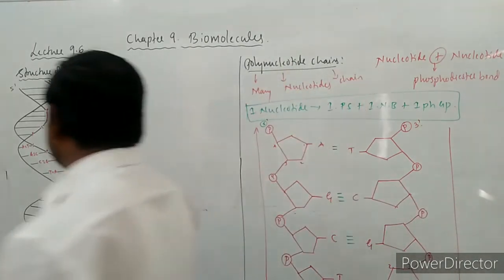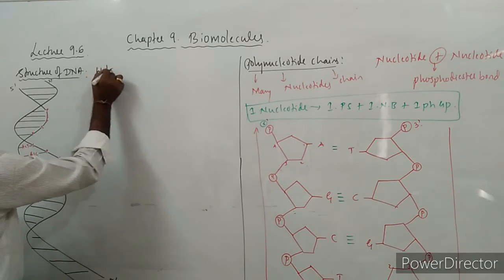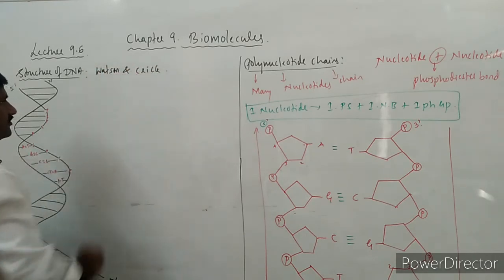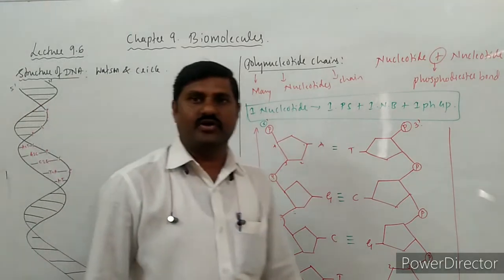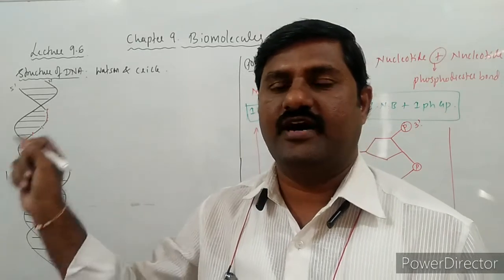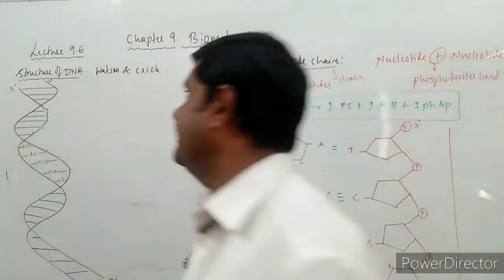So let us start with the structure of DNA. See here, Watson and Crick are the two scientists who made this model of DNA for the first time, and hence this model of DNA is called the Watson and Crick model of DNA.